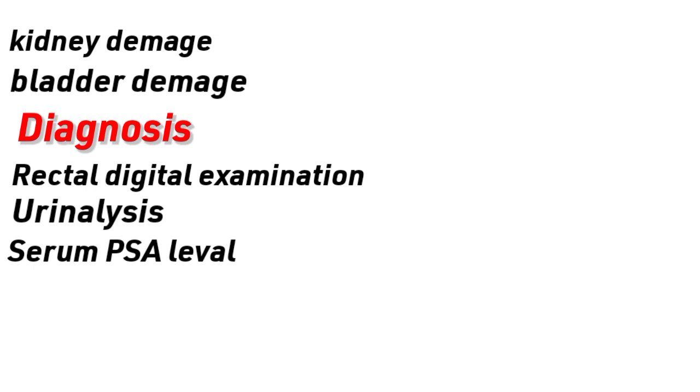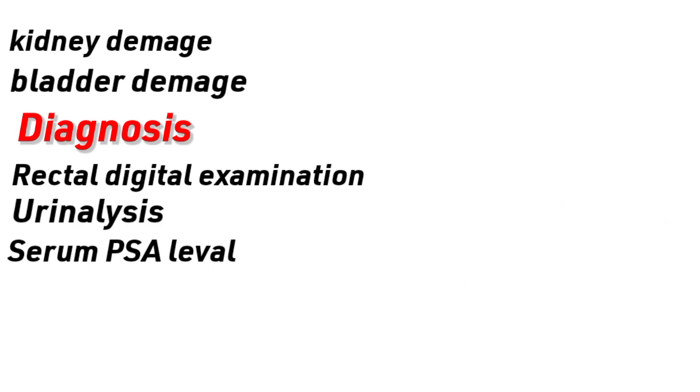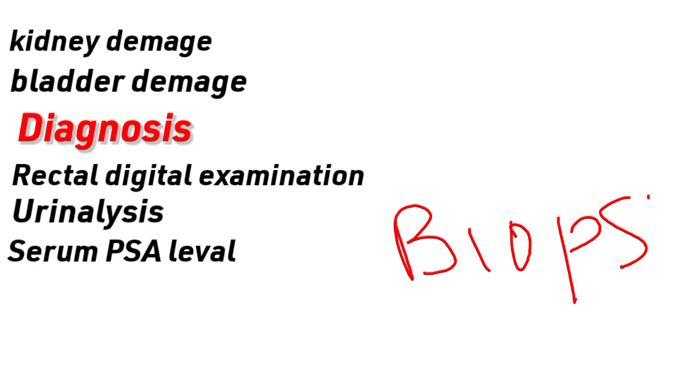Its normal level in serum is 4 nanogram per deciliter. If its level increases more than 4 nanogram per deciliter, it means there is overgrowth of the prostate gland. Then we will differentiate benign prostatic hyperplasia from cancer of the prostate by taking and studying a biopsy of the prostate gland.